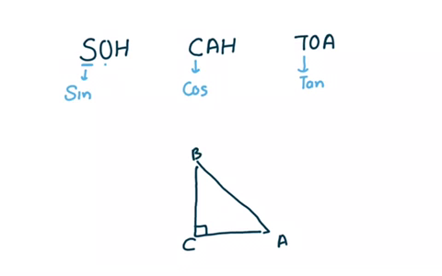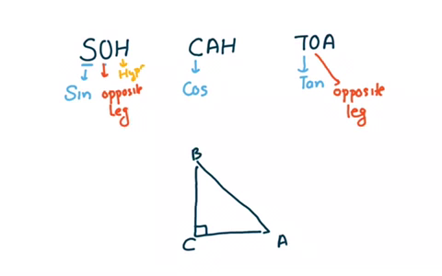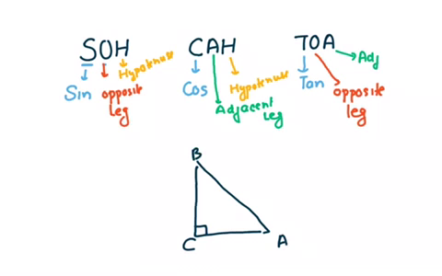O stands for opposite leg, H stands for hypotenuse, and A stands for adjacent leg.